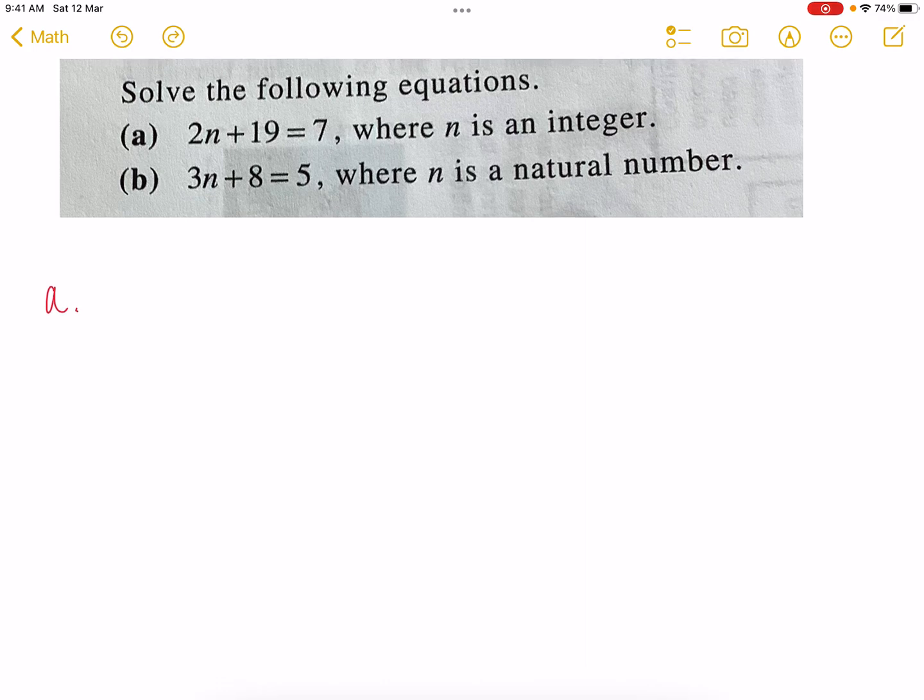The first problem, solve the following equations. 2n plus 19 equals 7, where n is an integer. So let's first note integers are ..., minus 2, minus 1, 0, 1, 2, 3, and so on.